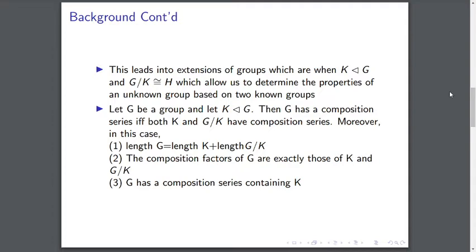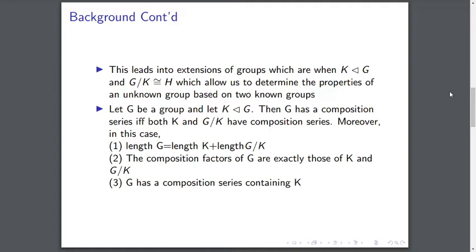Moreover, in this case, 1, length of G equals length of K plus length of G divided by K. 2, the composition factors of G are exactly those of K and G divided by K. And 3, G has a composition series containing K.